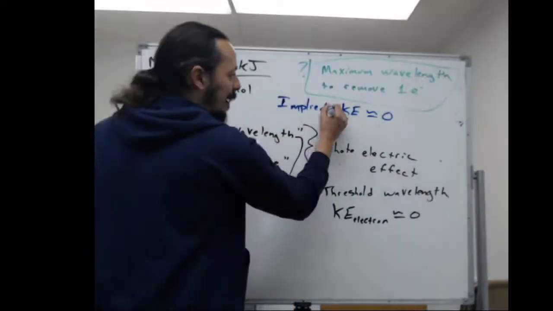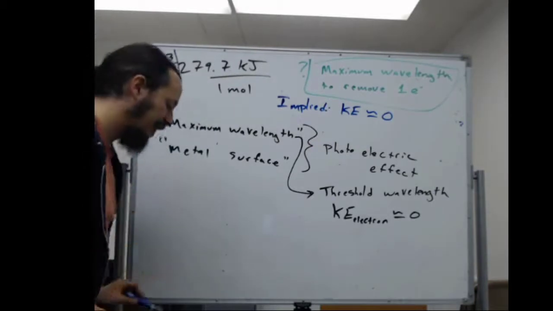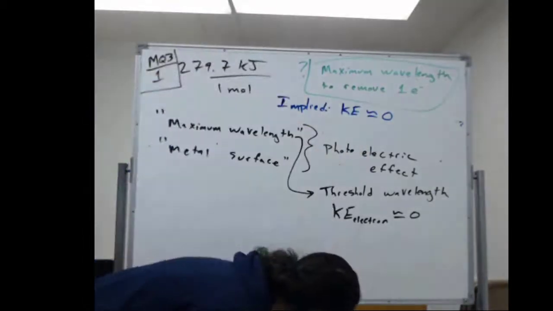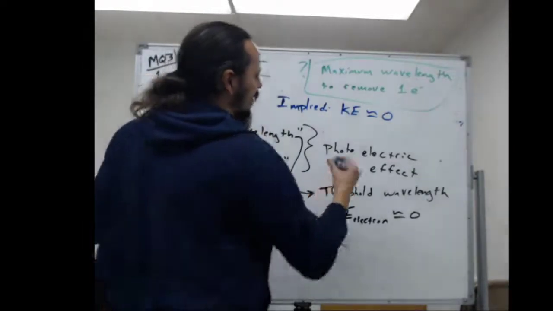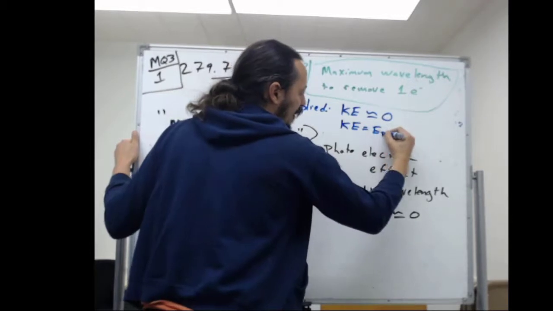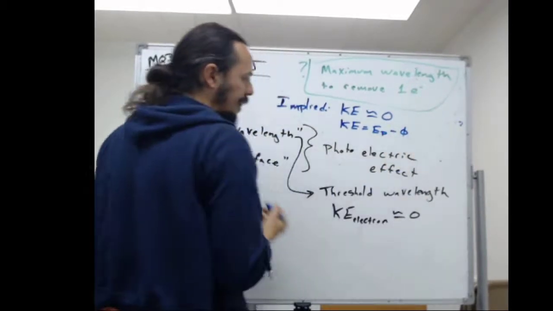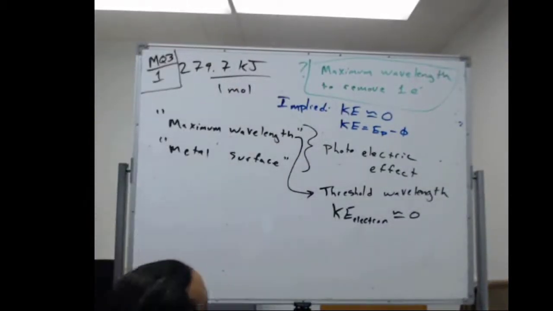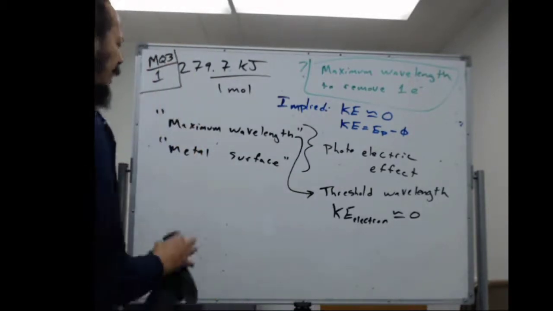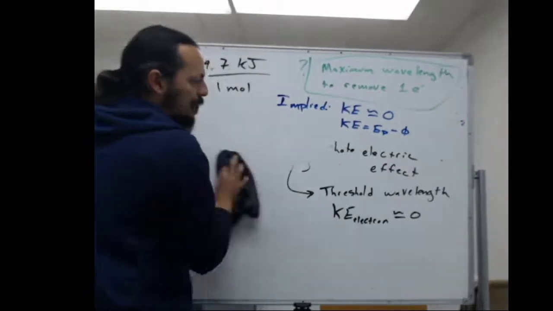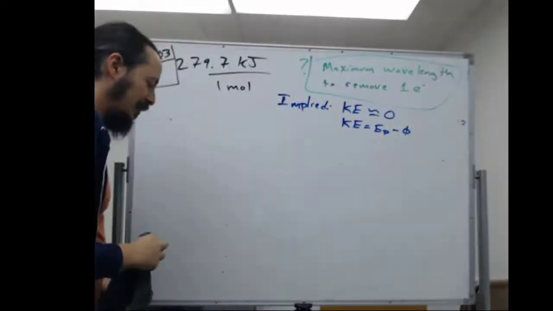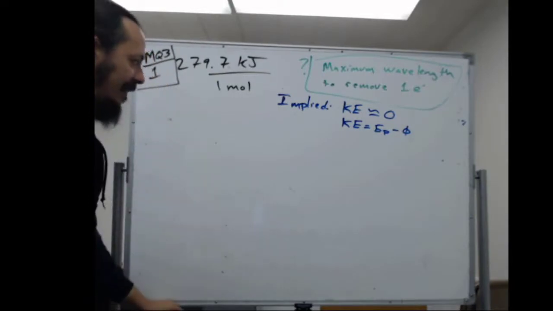The implied information, that hidden information that the problem assumes we've got conceptual understanding to get, is that the kinetic energy is approximately 0, and kinetic energy equals energy of photon minus work function. So let's go ahead and actually solve the problem now, and we'll see that math isn't going to be that difficult. It's addition, subtraction, multiplication, division. However, the work it takes to get to that math is the challenging part.